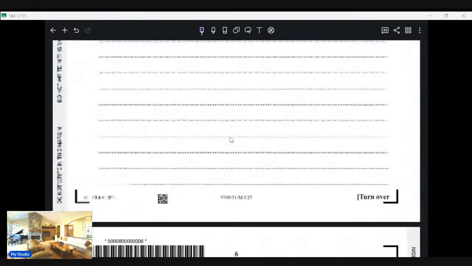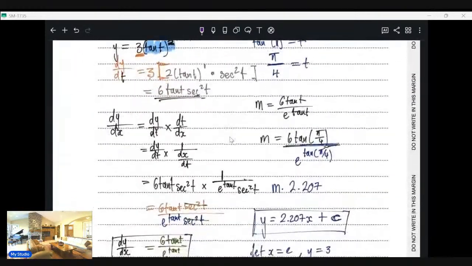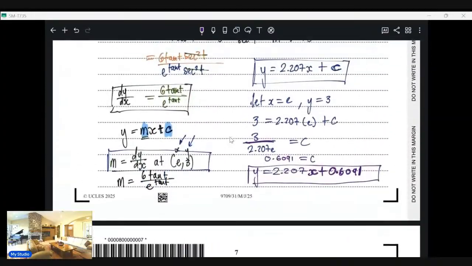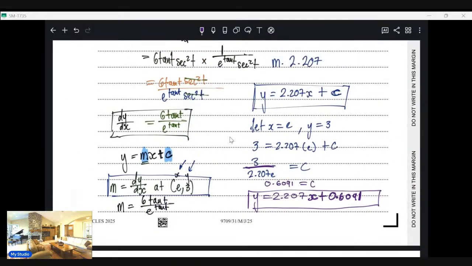This is number 4. May, June 2025, paper 31.